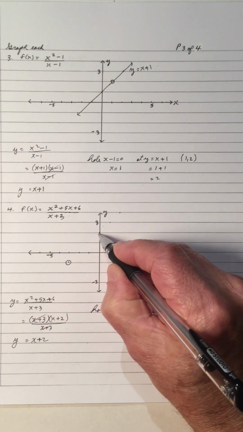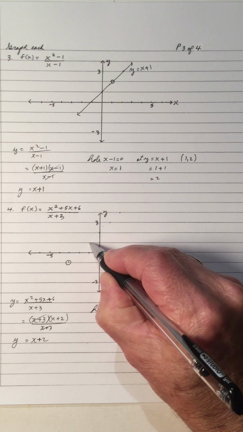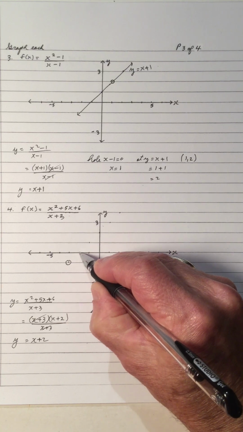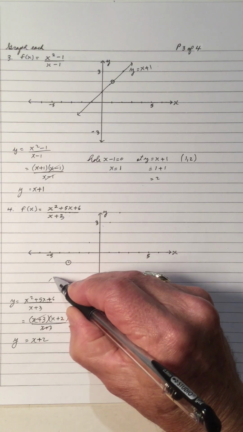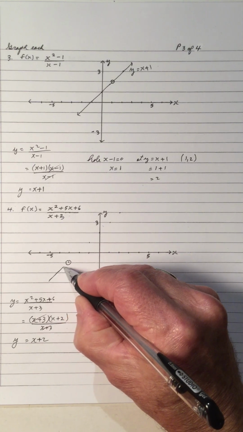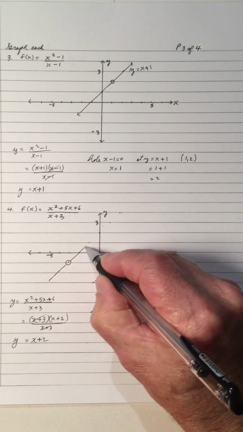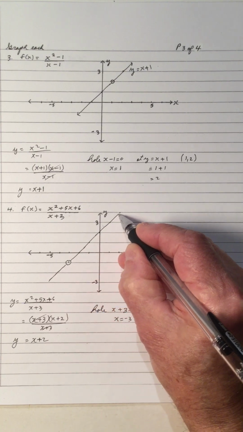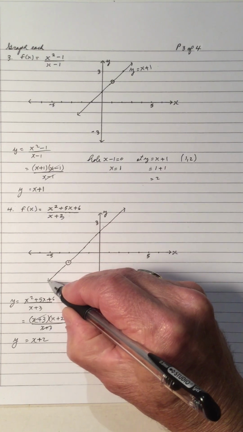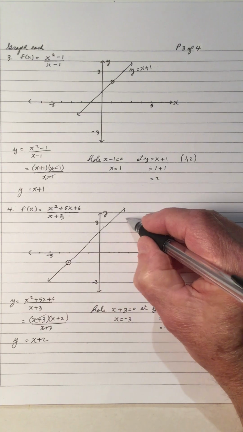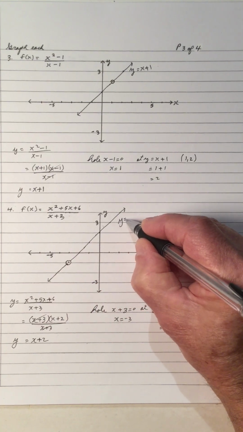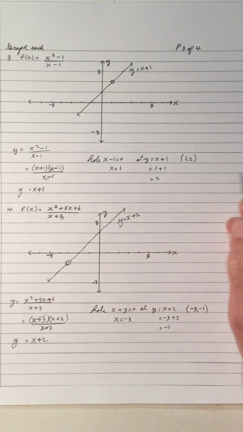So that line, as you come down 1, left 1, down 1, left 1, down 1, left 1. So there's the hole. So the line is, oops, not broken. It's a line. There it is, with this point as the hole in it. And so that line is y equals x plus 2.